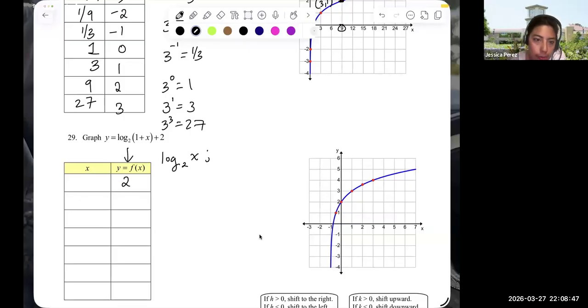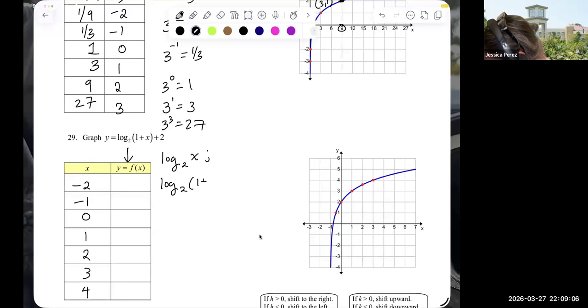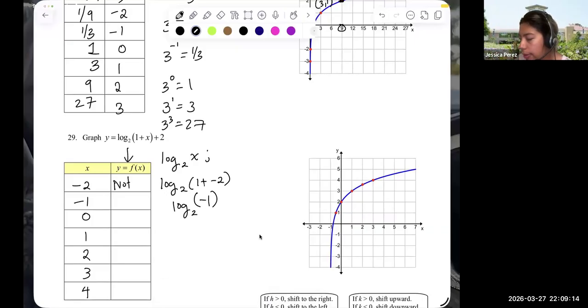And then also identify the values that we can substitute. So let's say we're randomly picking values for x. Can we plug in -2, -1, 0, 1, 2, 3, and 4? Well, if we're plugging in x here, you have log base 2 of 1 plus -2. That's log base 2 of -1, which is not allowed, because of the domain of a log.